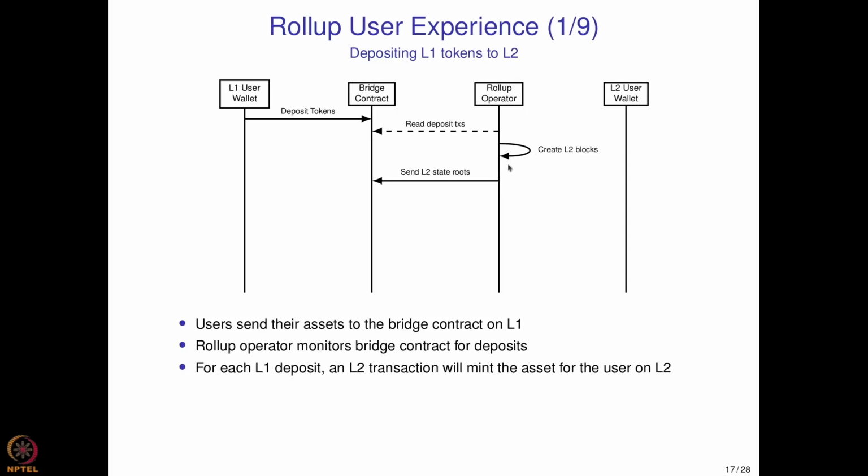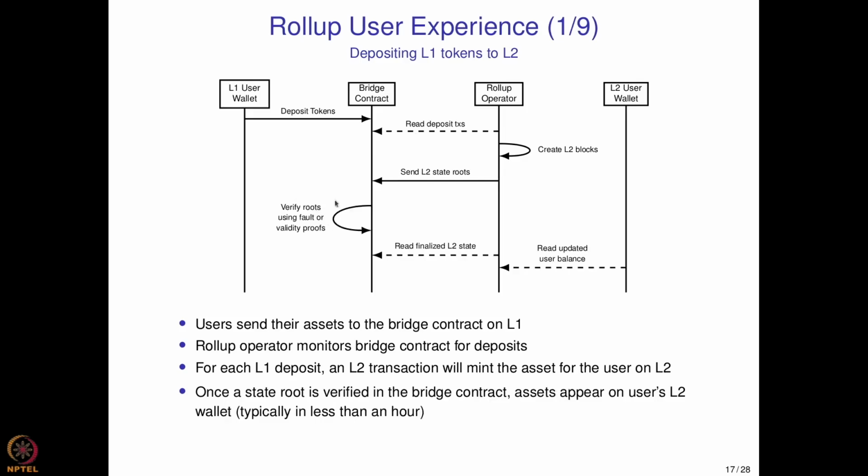Then the state root of that block will be sent to the bridge contract, and once that state root is verified, the user balance will be updated. Typically it takes about an hour. In the previous deposit we did, it took about 20 minutes to go from layer 1 to layer 2.